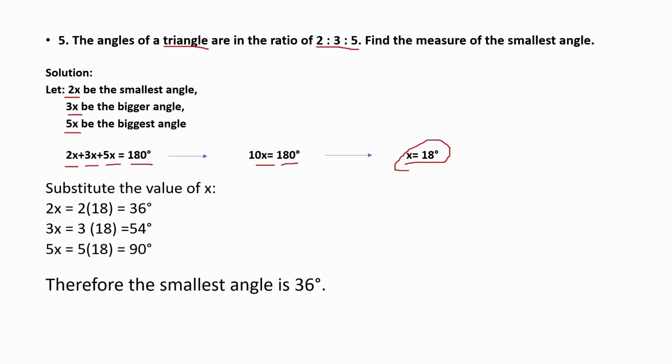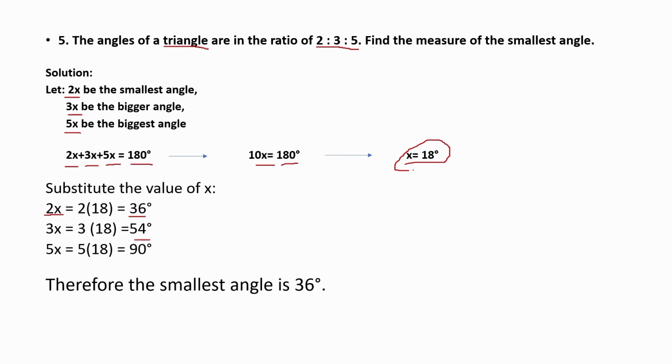Now, since we are asked to find the smallest angle, before we can conclude which angle is the smallest, we have to substitute first the value of x in each angle. So 2x here is the smallest angle. 2 times 18, that is 36. Then 3x, 3 times 18, that is 54.